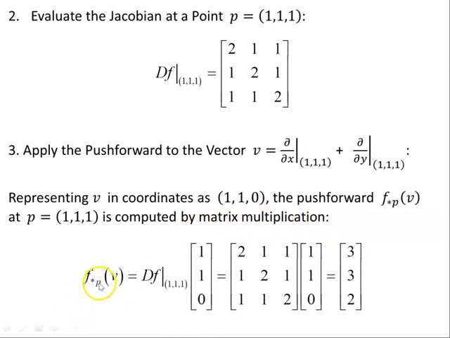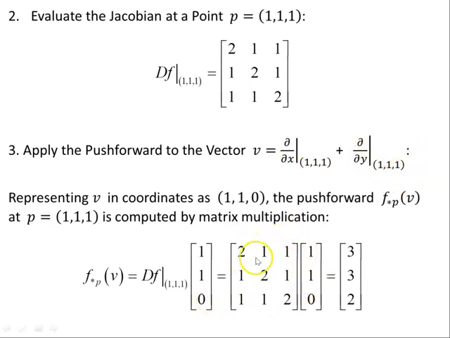So F star P of V is the Jacobian of F evaluated at the point (1, 1, 1) times the vector V, and the vector V in this component form is (1, 1, 0): 1 in the x, 1 in the y, 0 in the z.